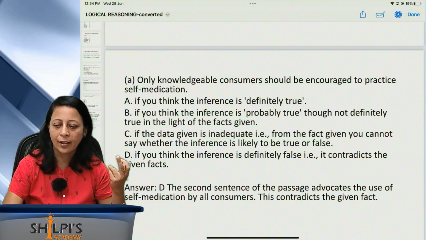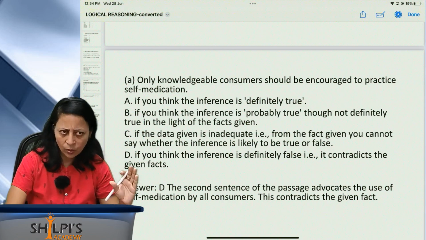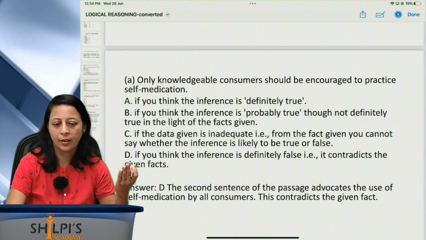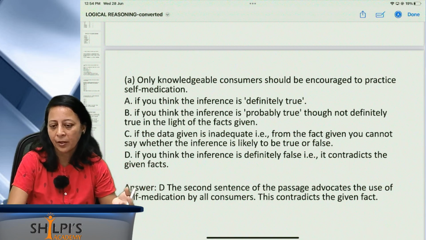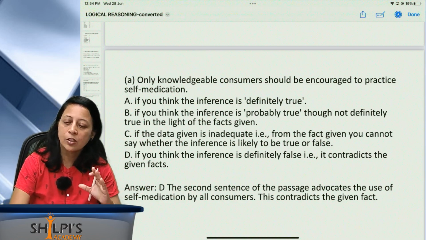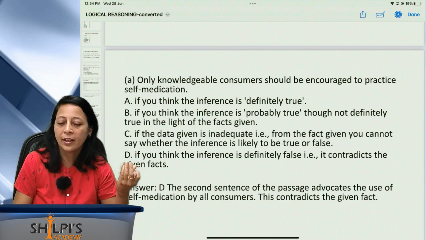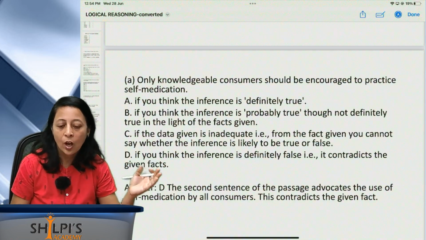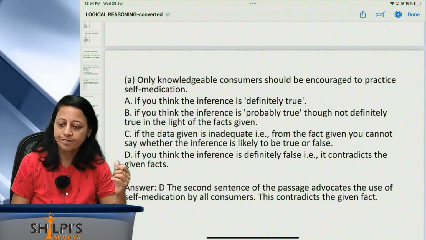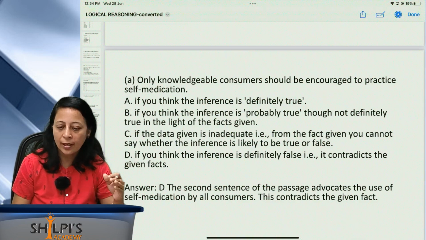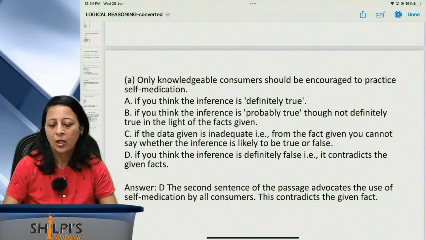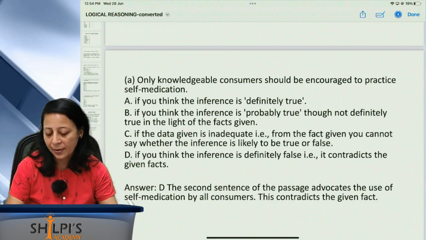Or if you think it is a kind of true, but not definitely true, then give the answer as B. If you feel that the data has not captured anything towards the knowledgeable consumers, they have not given anything about it, tell it is inadequate data. Or if you feel it is not like that, give false. Okay. So the answer here has been given as D.